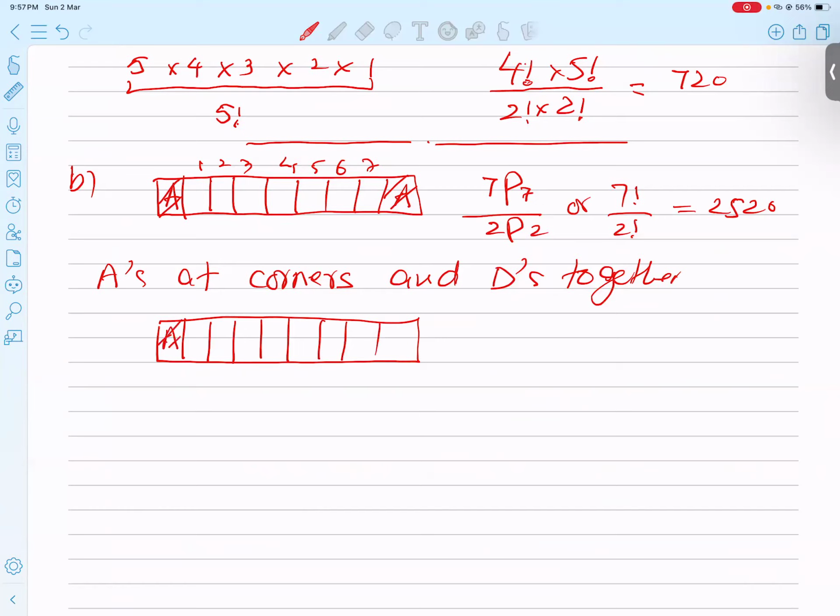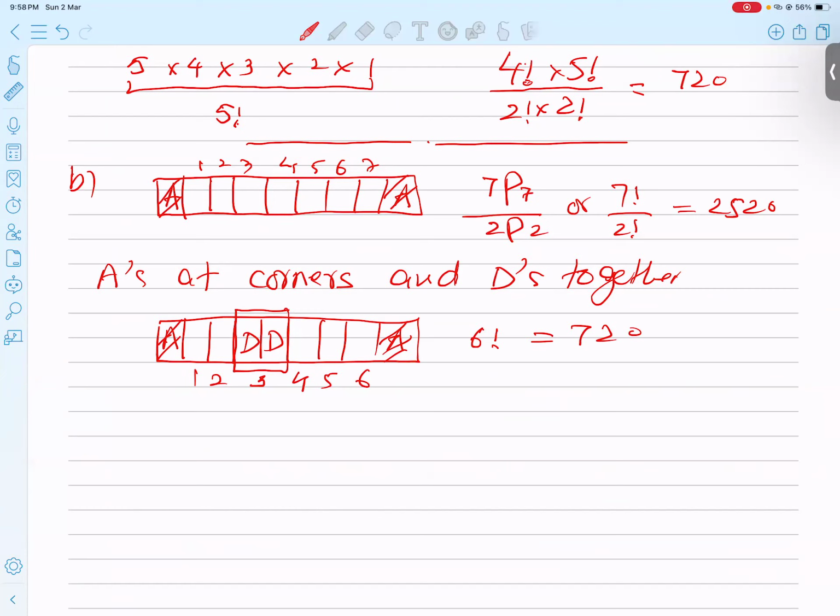So A is fixed on both corners, and these are together. We can write anything in the middle. This I count as a 1, 3, 4, 5, 6. So 6P6, which is 720. So I believe this part is very clear.